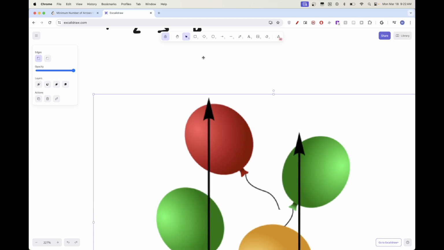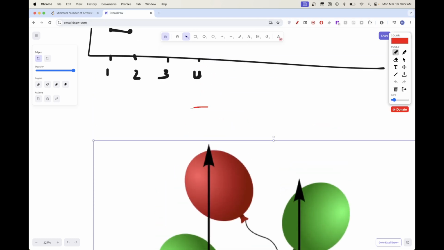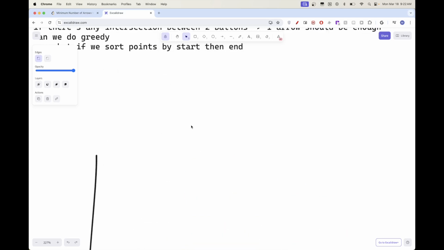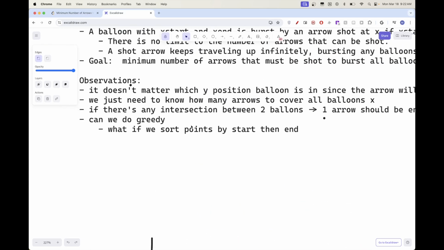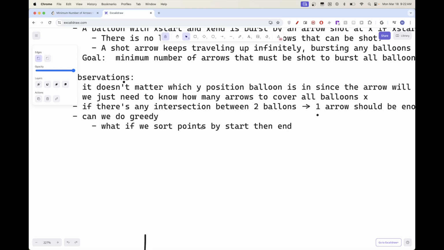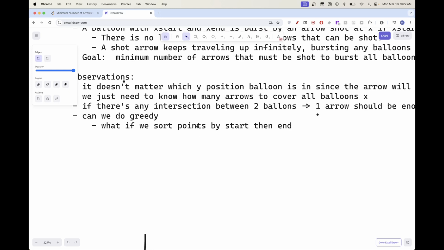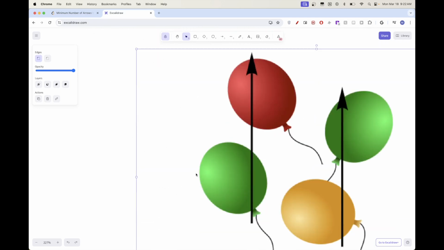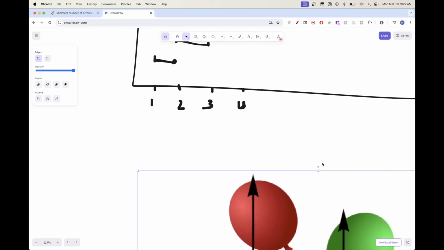If it was even way up, like here, the arrow will still burst the balloon. So we don't even need to worry about the y position. We can just consider the x coordinate. And what we need to know is just how many arrows we need to cover all the x positions of the balloons.